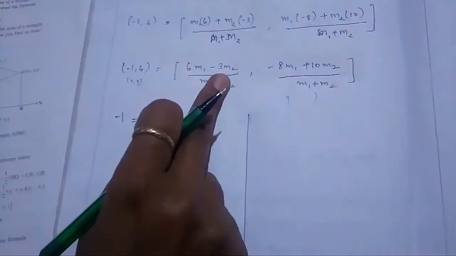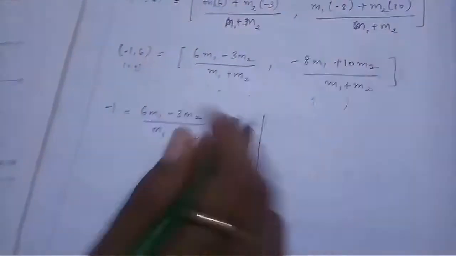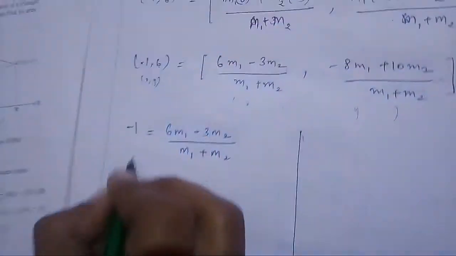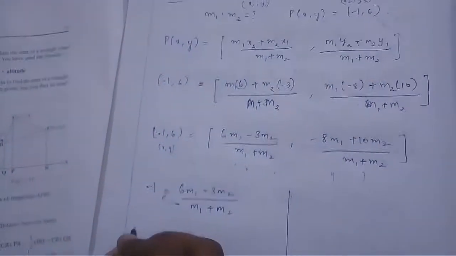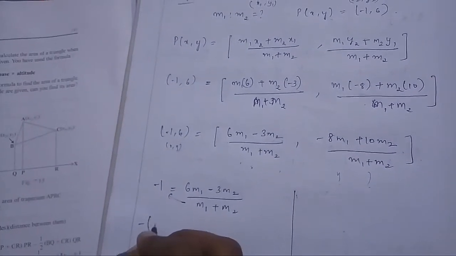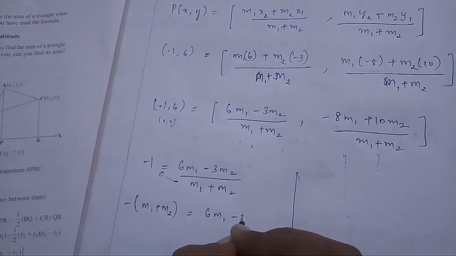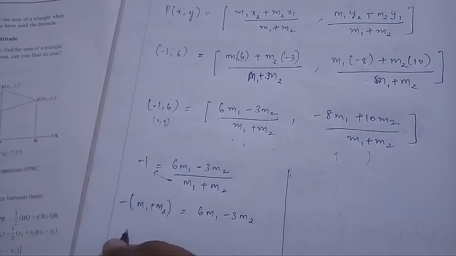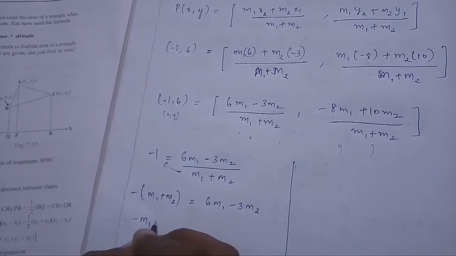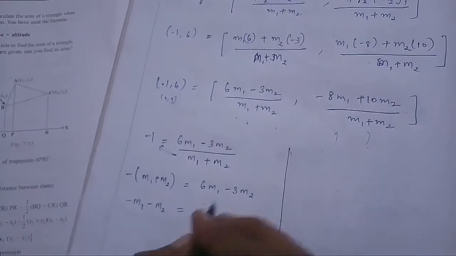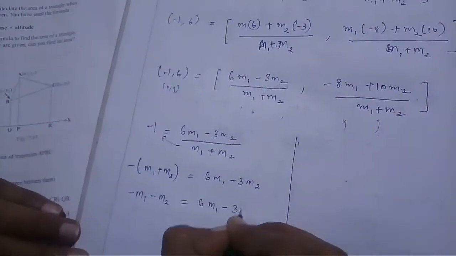First we equate this one, then we equate this. First we simplify this. -1, cross multiplication: -1 times (m1 plus m2) is equal to 6 m1 minus 3 m2. Multiply the minus inside, we get -m1 minus m2. Then 6 m1 write as it is.